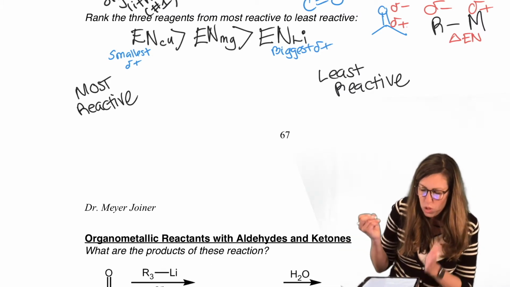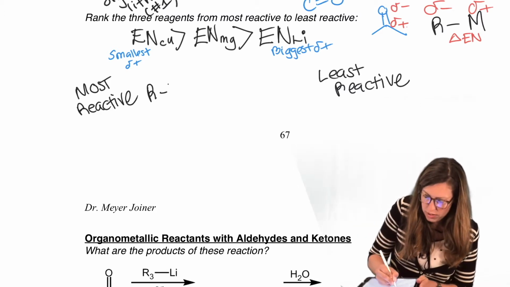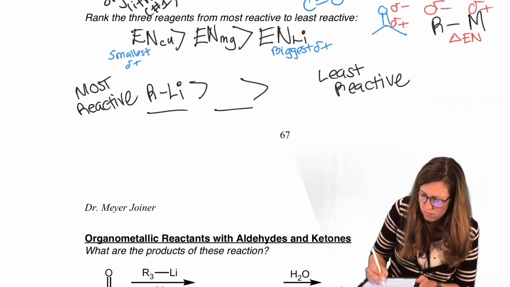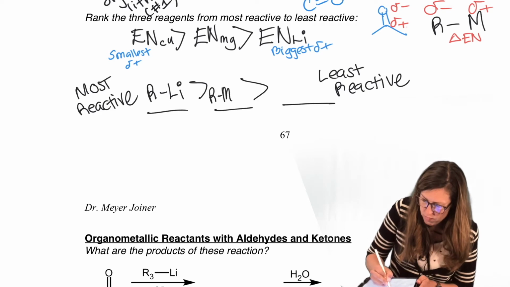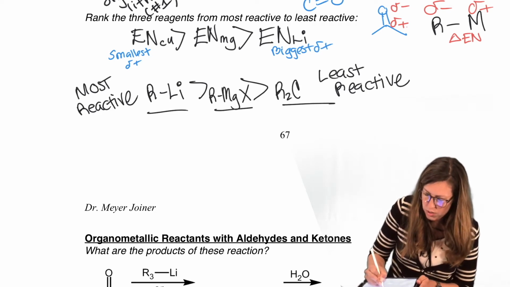Most reactive, we decided the biggest delta plus would be the most reactive. So that would be the organolithium, more reactive than the middle one, the Grignard. The least reactive would therefore be the Gilman, R2CuLi.